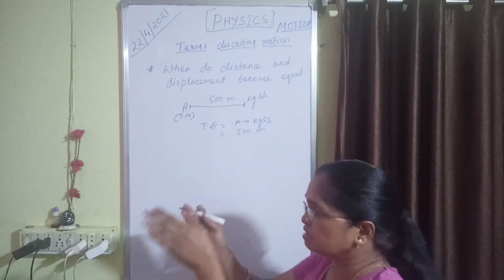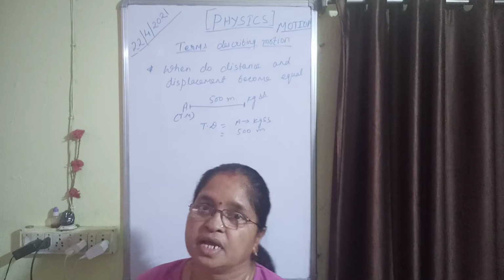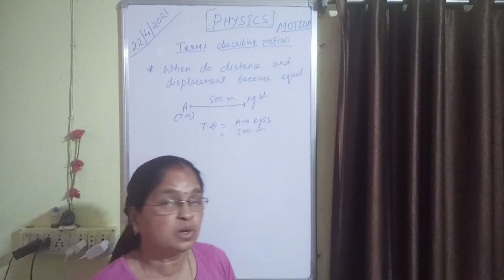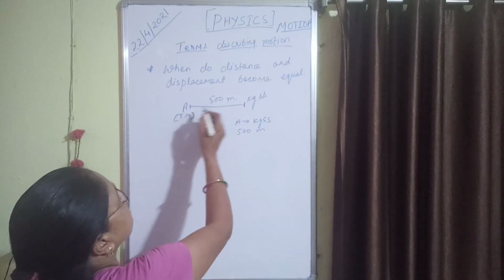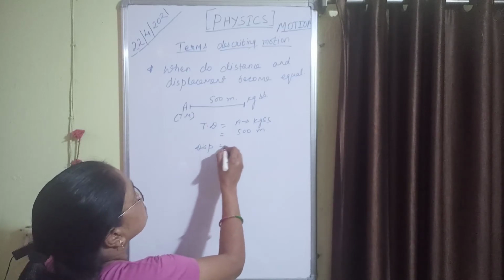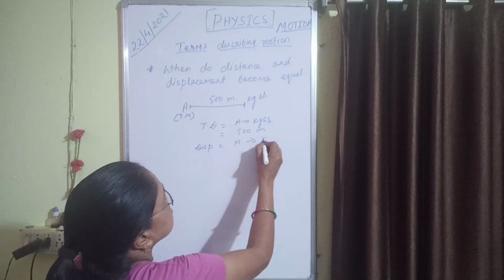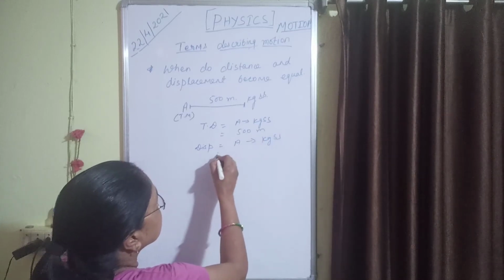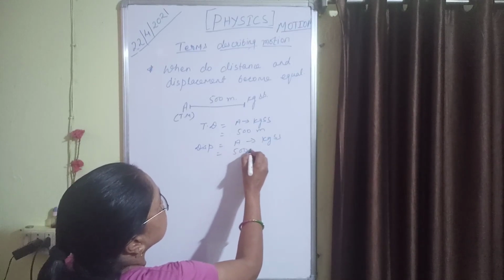So if a body is traveling in a straight line, mostly what happens is that distance is equal to displacement. So here the displacement is also the same thing from A to KGSS, and you have got the same, that is 500 meter.